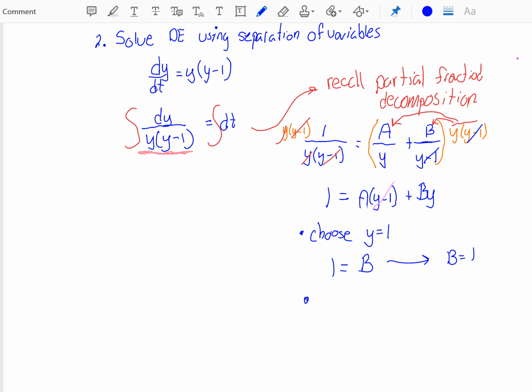Okay, second choice. Let's not choose 1 this time. What if we choose y to equal, and I want to pick something that makes this term 0, so we pick 0. If y is 0, then we get 1 equals a times (0 minus 1) plus b times 0.